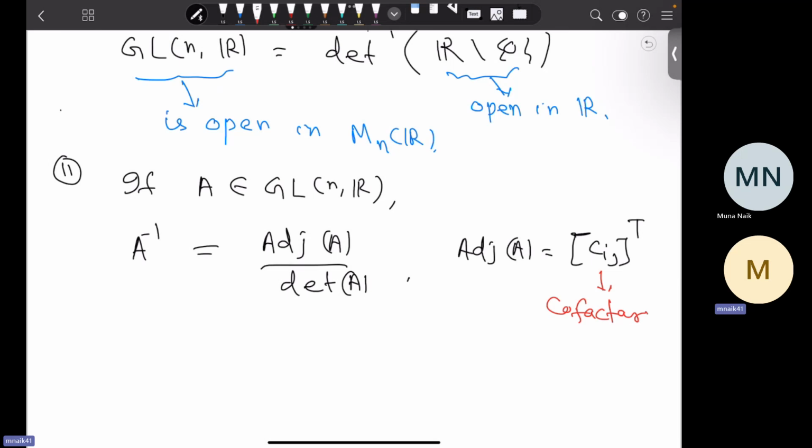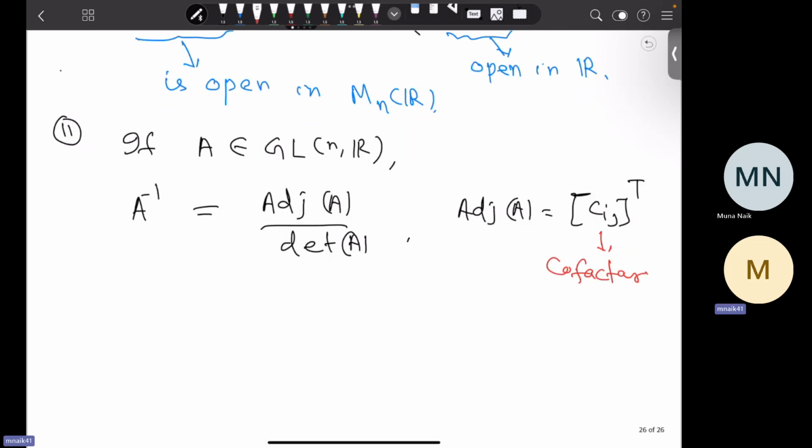Each C_ij is a polynomial in the entries of A, so each C_ij is a continuous function.